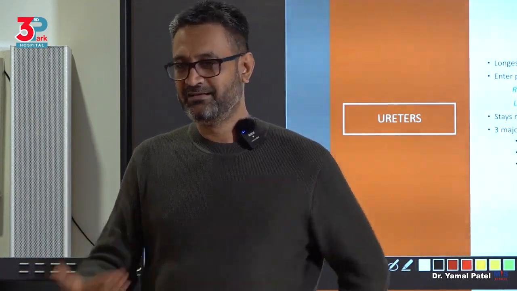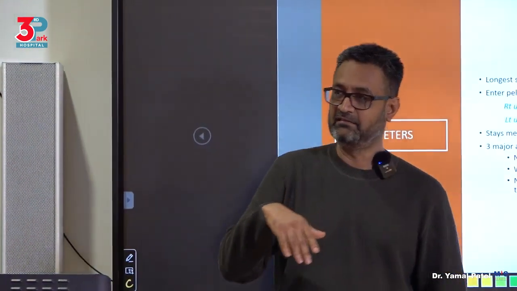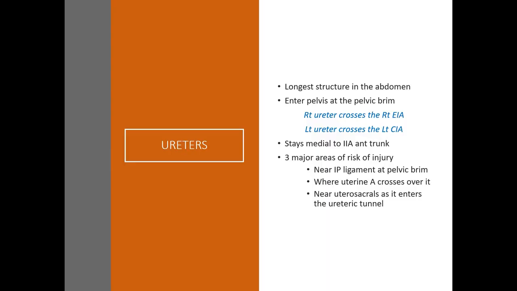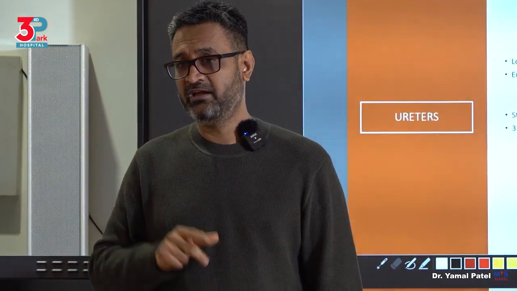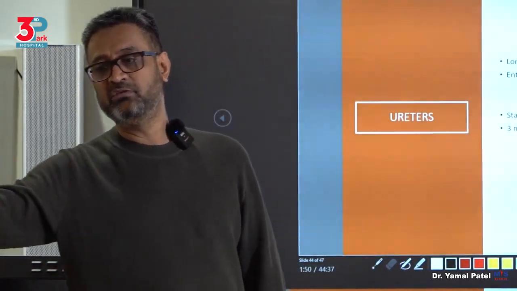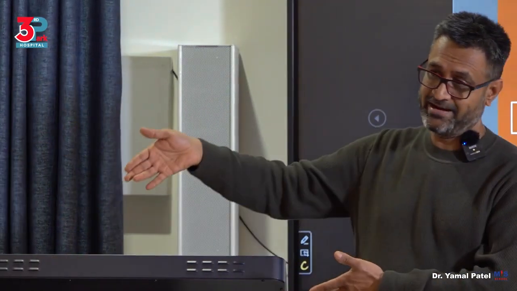If you're too high up, you will hit the ureter at the IP ligament, where it's now crossing over the vessels. Got it? So that's one point. The second point is where the uterine artery is crossing it over, the water under the bridge level. That's another place where, if you're not careful, you will go for the uterine artery too lateral from the uterus, and you will hit the ureter there, where it's crossing.